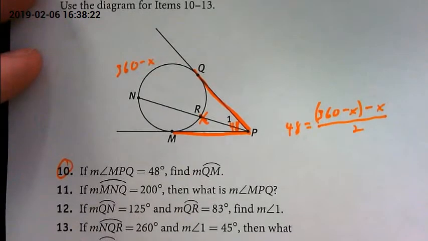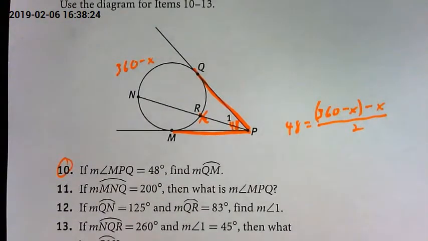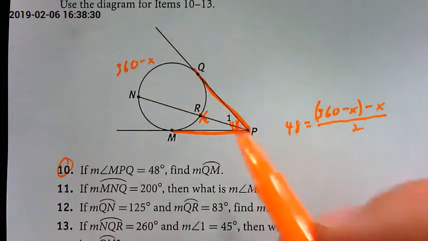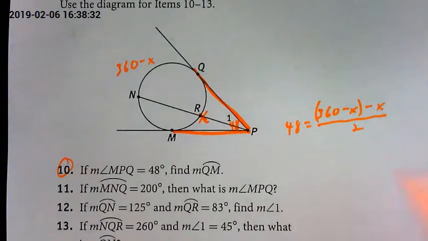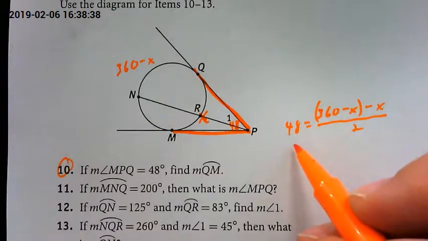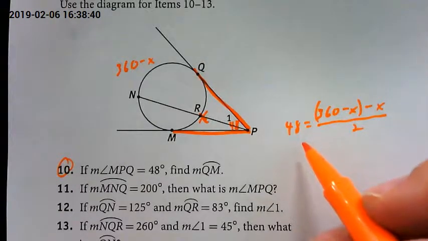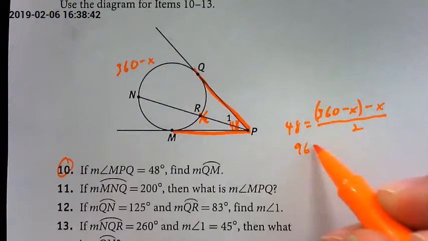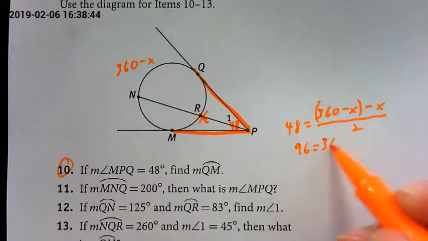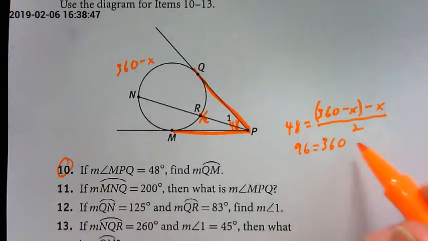Now, the nice thing about the equation is this works no matter what type of lines you have intersecting on the outside of a circle. So on here, the fact that it's two tangents doesn't matter. Now, we have this equation to solve. We can bring the 2 over by multiplying it to the other side, which will give us 96. We can go ahead and combine our two like terms, these two x values. That gives us negative 2x.